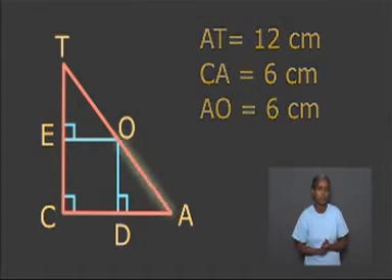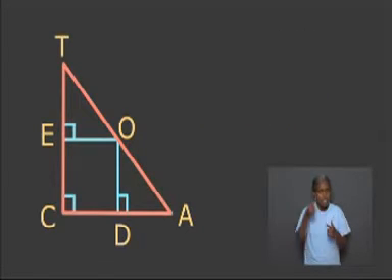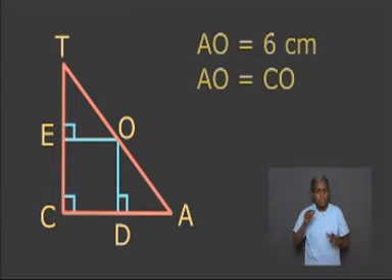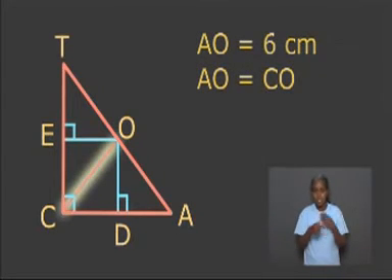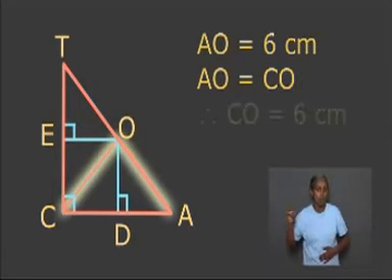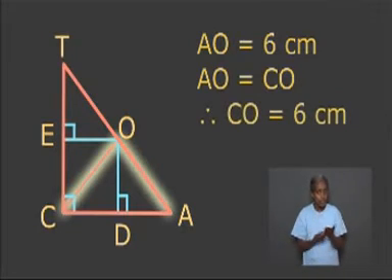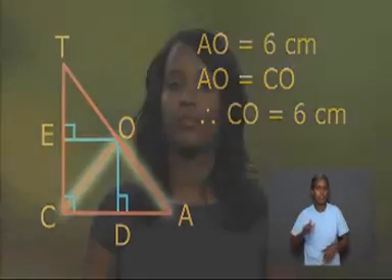The second theorem we learned today states that point O is equidistant from all three corners. Therefore, line CO is equal to AO. It is 6 centimeters long.